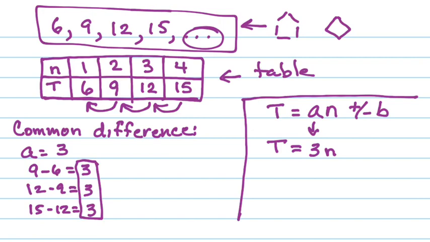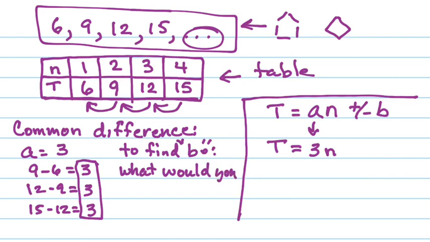So now what we have to do is find this plus or minus B part, okay? And that's really easy once you have the common difference. To find B, just ask yourself, what would you add or subtract?